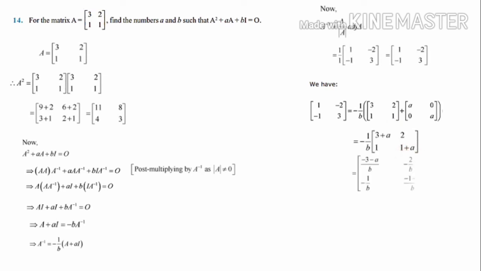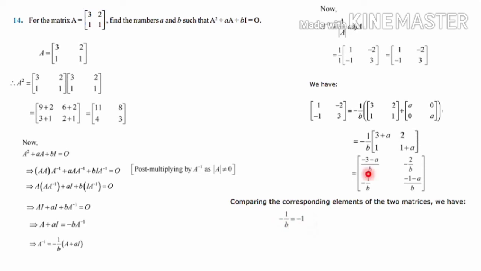Then just take this minus 1 by B inside. It becomes minus 3 minus A by B, because when you multiply inside, these two terms become minus. Then minus 2 by B, then minus 1 by B into 1, that is minus 1 by B. Then minus 1 minus A divided by B. Then comparing the corresponding elements of the two matrices, we have minus 1 by B is equal to minus 1.